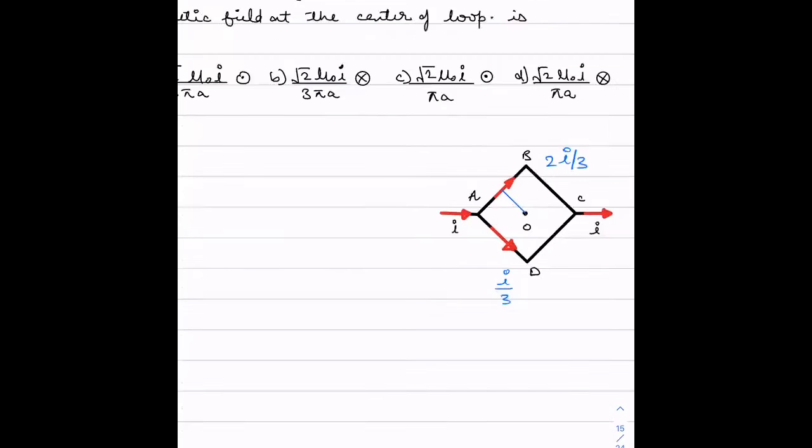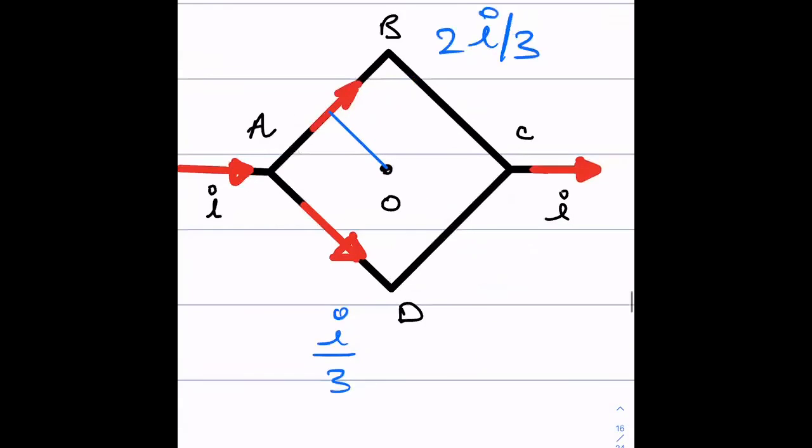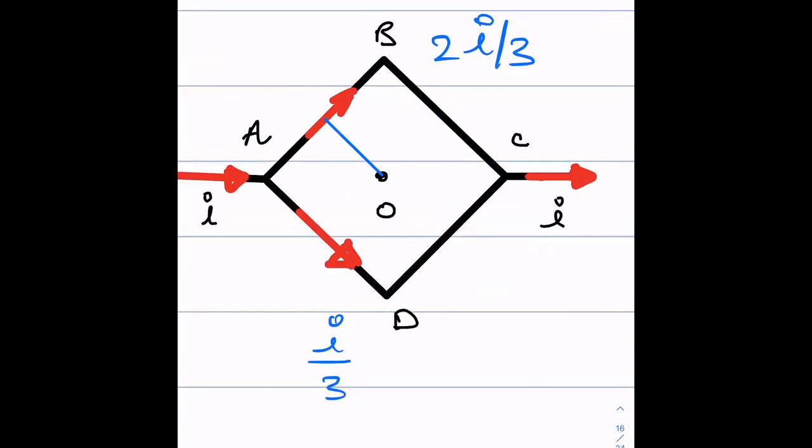Can anyone tell me what this distance is? Yes, this blue color line, A by 2. Good. I have to find out this angle also, this angle as well as this angle.